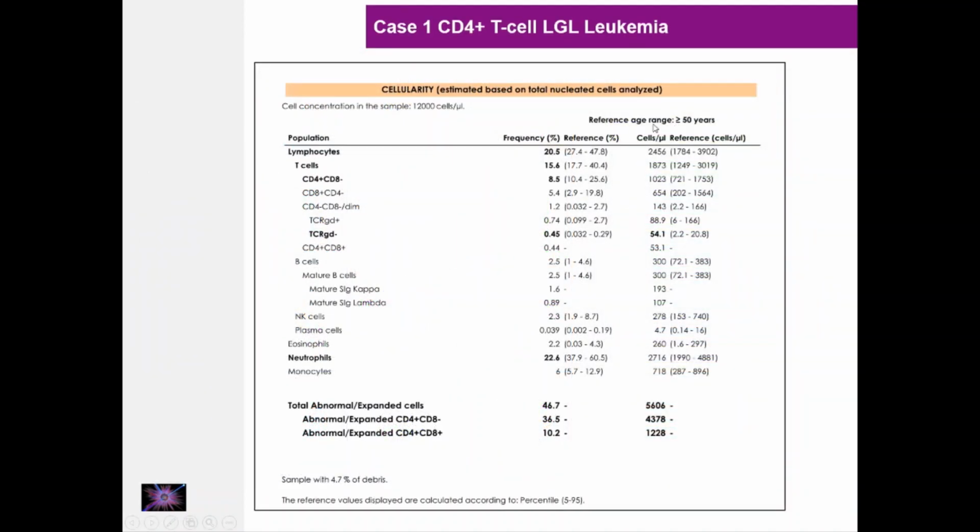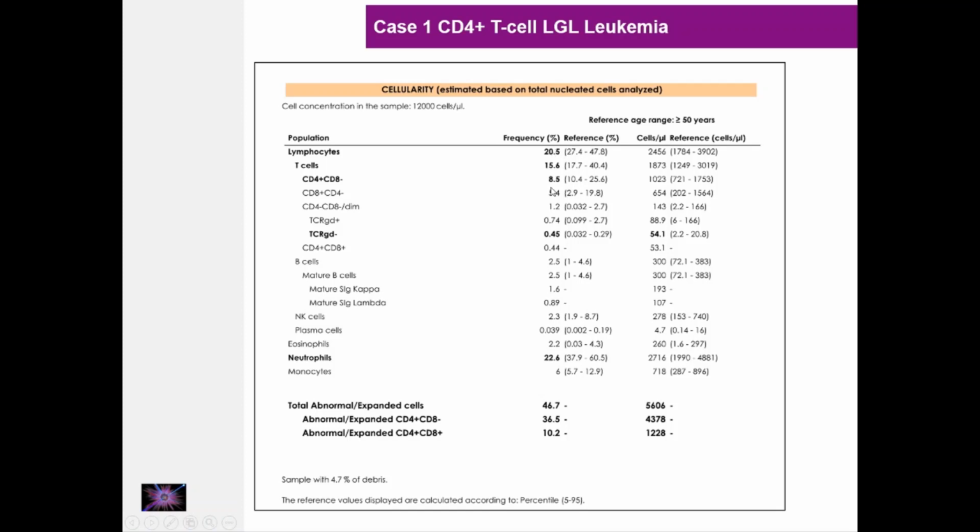And the report gives us two different aspects. First, it gives us the normal populations in the sample, and this is important because we are not only focused on identifying the abnormal populations, but we take into account all the normal cells inside the sample.